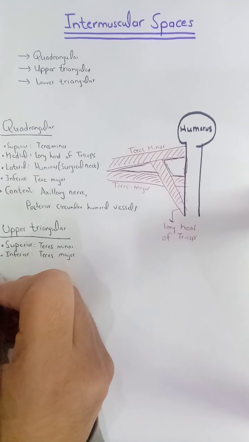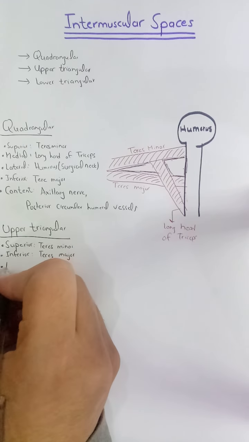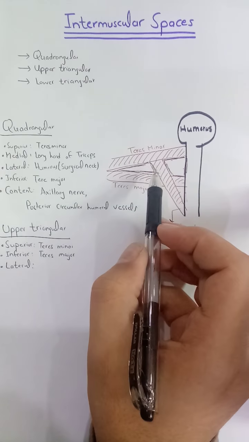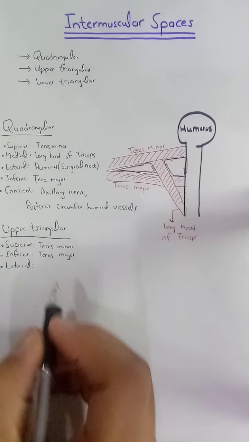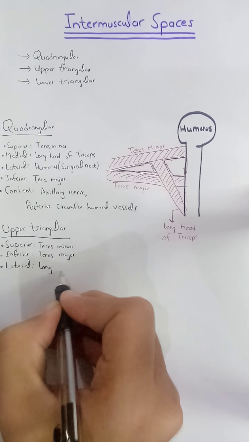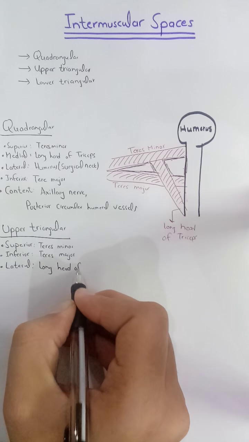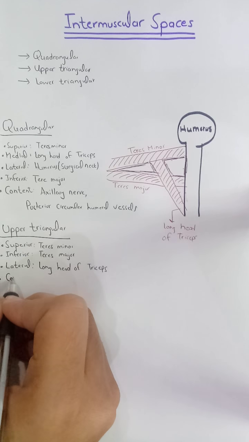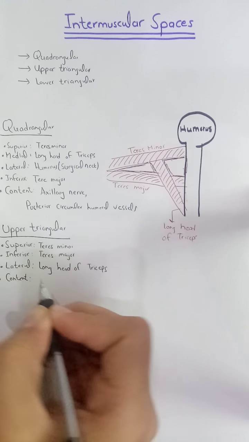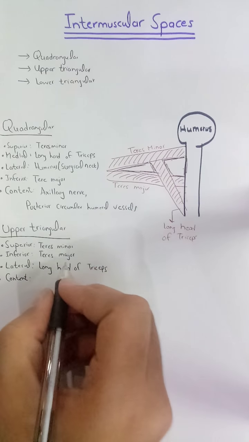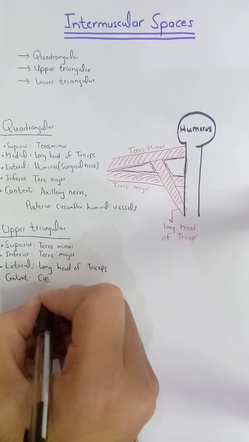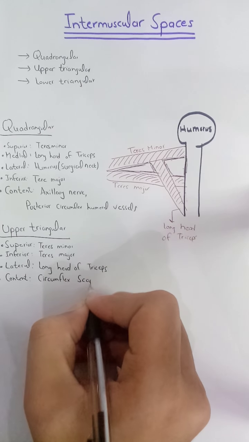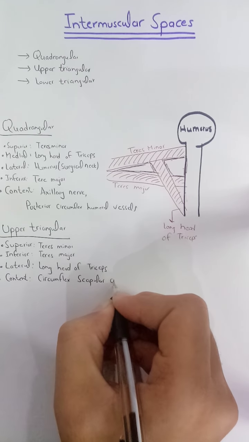And then the lateral boundary will be by the medial part of the long head of triceps. And its content, these are very important, is the circumflex scapular artery.